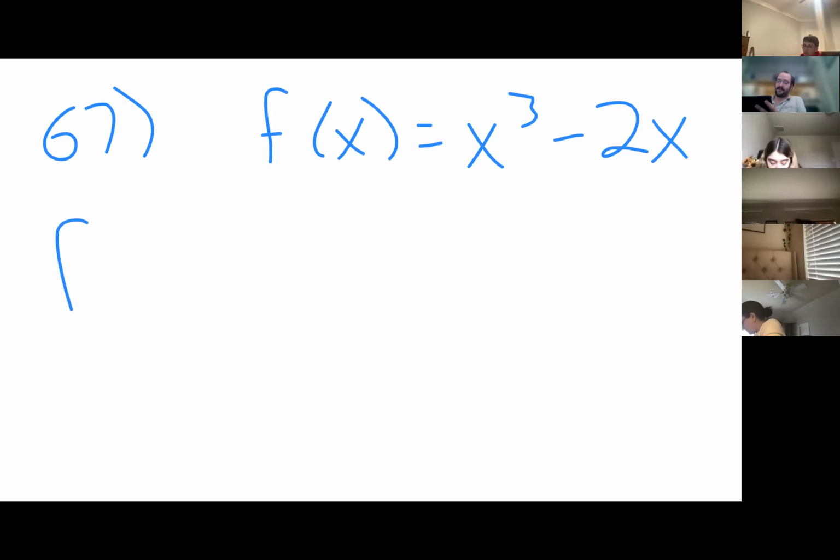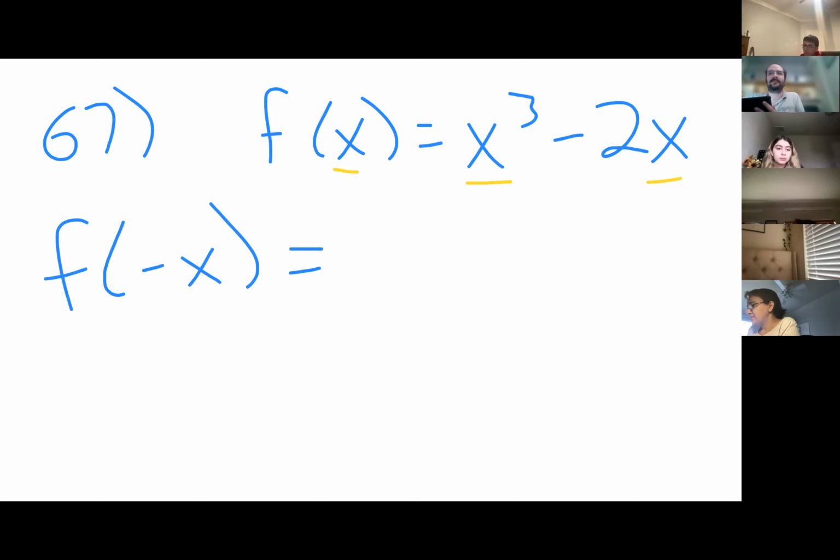And so if we want to check it, the process is we want to throw a negative into our x. And so how does that change my formula? How many different things am I plugging it into? Minus x cubed minus 2 times minus x.